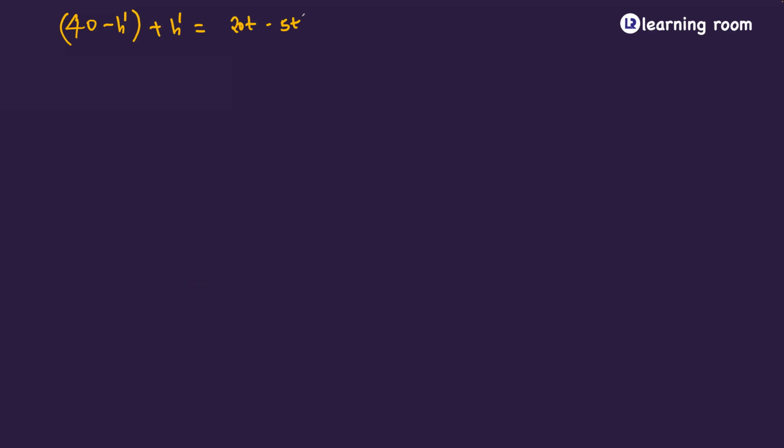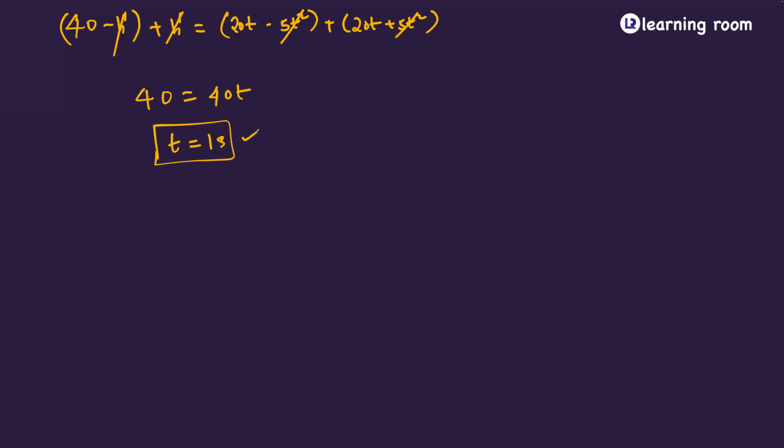So 5t square and 5t square are gone. h dash and h dash are also gone. So 40 will be equal to 40t. So t is equal to 1 second. So they exactly meet after 1 second.